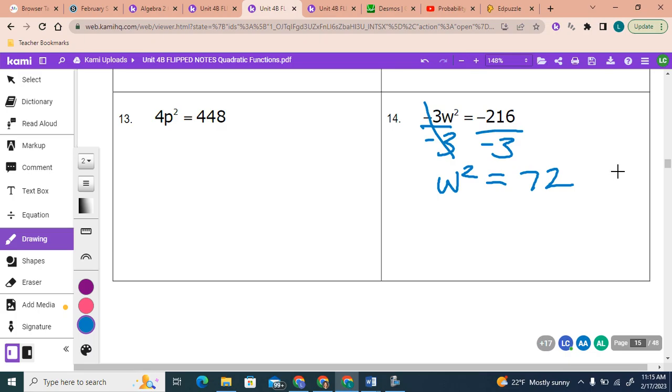Okay. What do we do from here? Square root. Is 72 a perfect square? What does it have? Okay. 9 times what? 8.